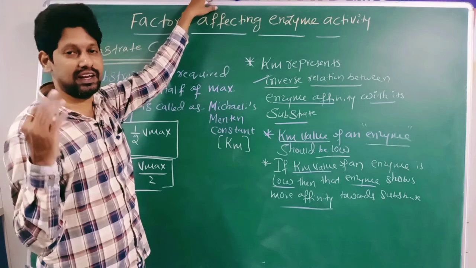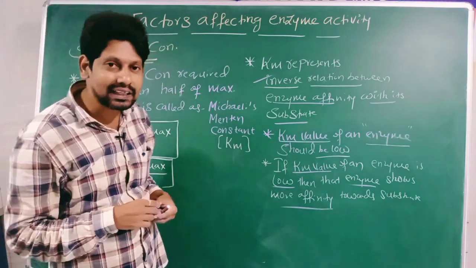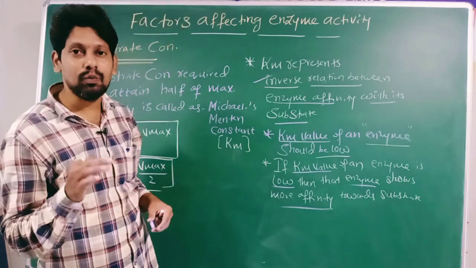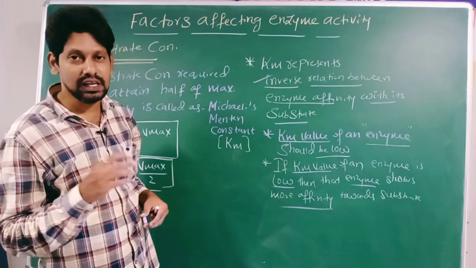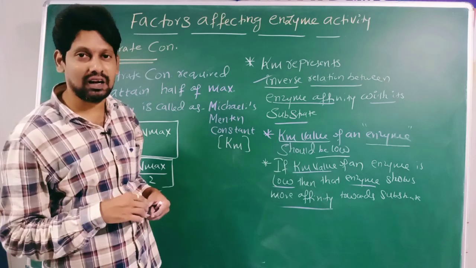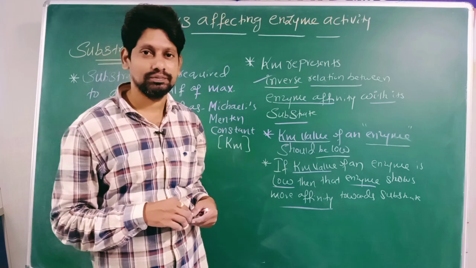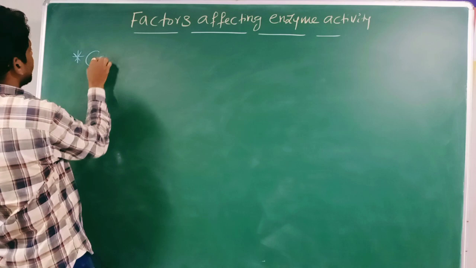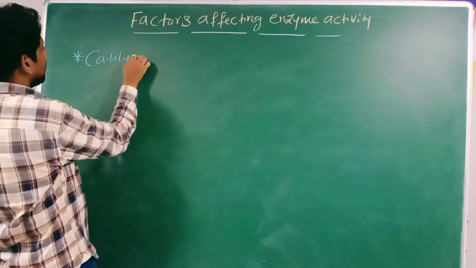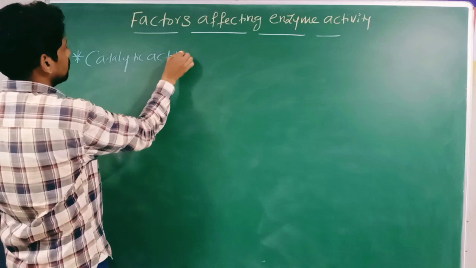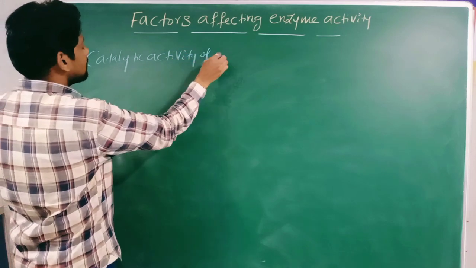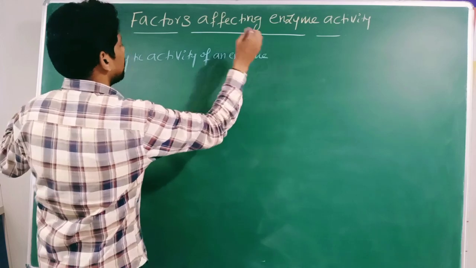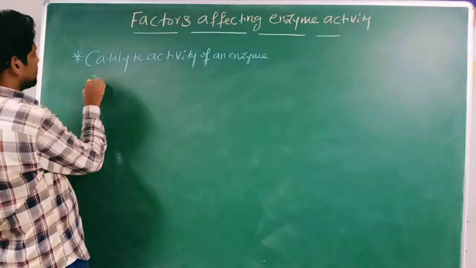Catalytic activity of an enzyme. What is it? Catalytic activity of an enzyme is represented by Km and TON. TON is the turnover number. Right?